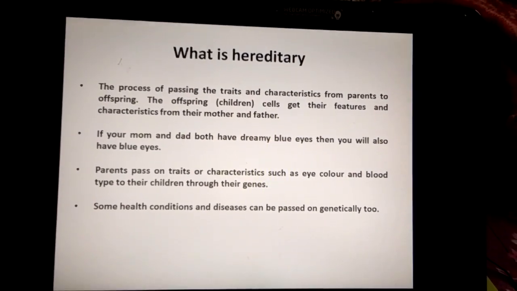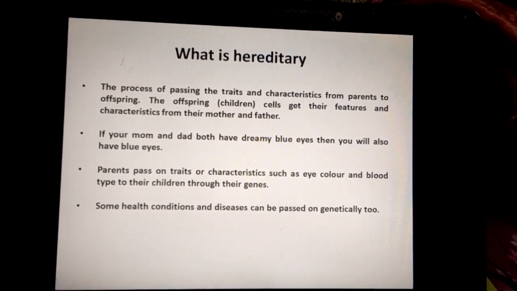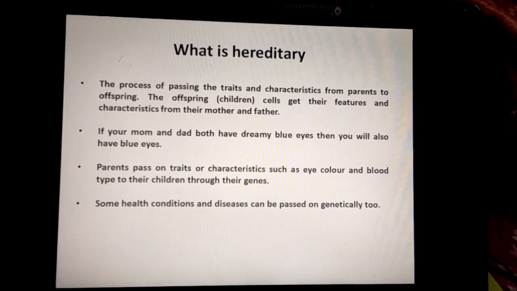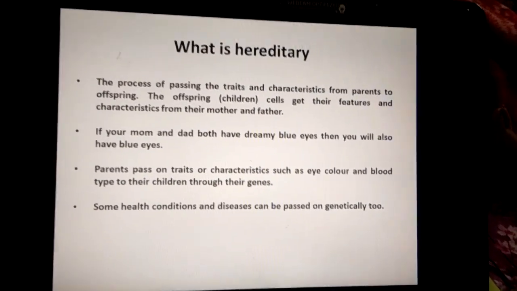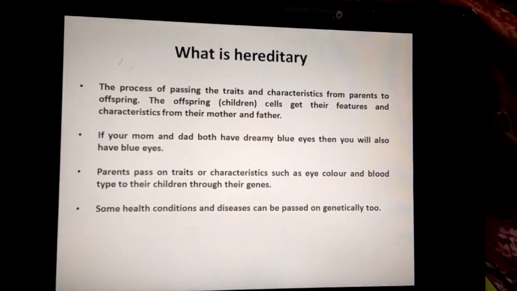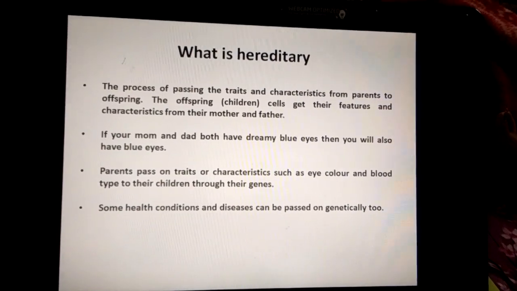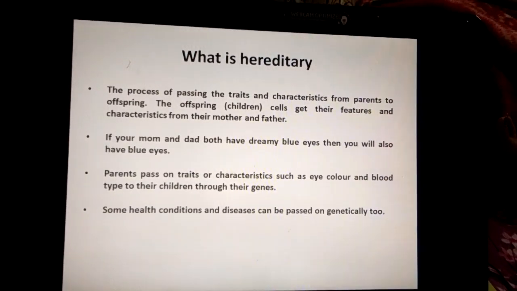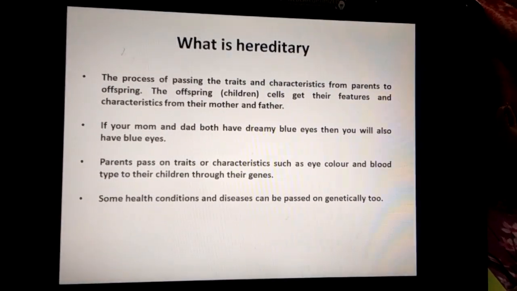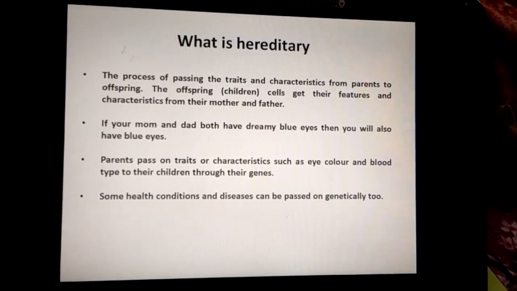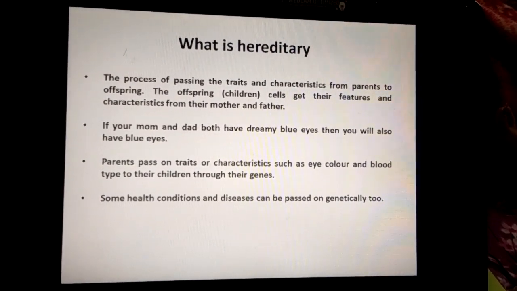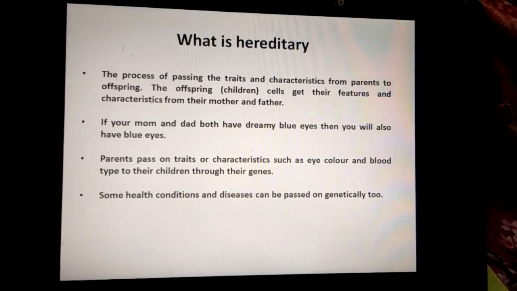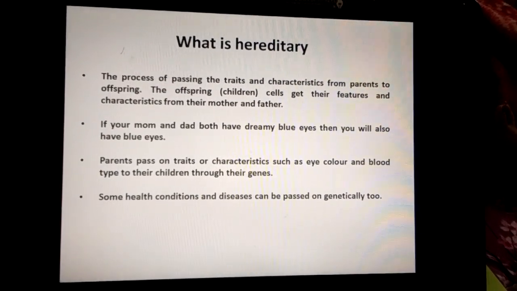Children, have you ever compared your photograph with your parents and grandparents? If not, do it. You will find some similarities. For example, you may have hair like your grandmother and eyes like your grandfather, or a nose like your father and lips like your mother.